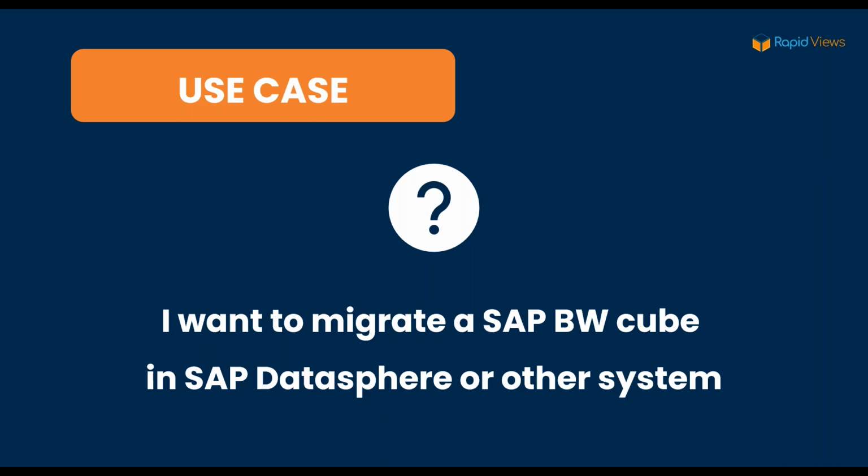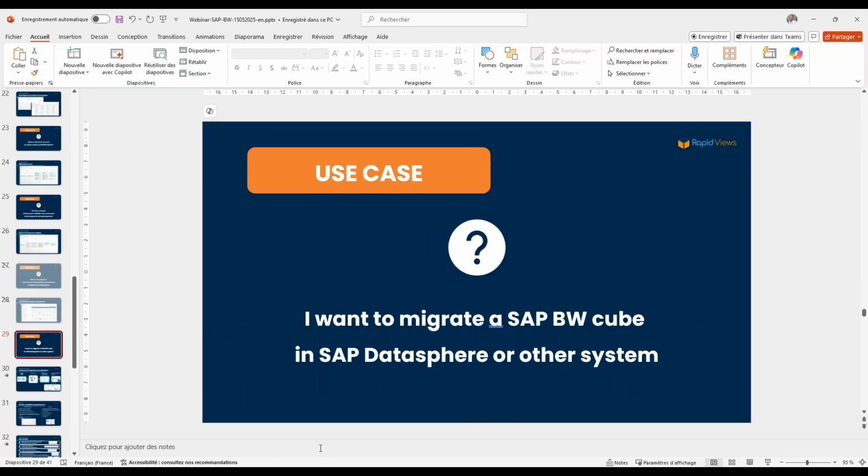But the BI Smart Repository can also help customers to migrate. It's not a migrating tool, but it can map and analyze all the content available, and with our wizard can help customers to find the best object in SAP DataSphere to recreate the BW cube. Alexandre, can you show us?